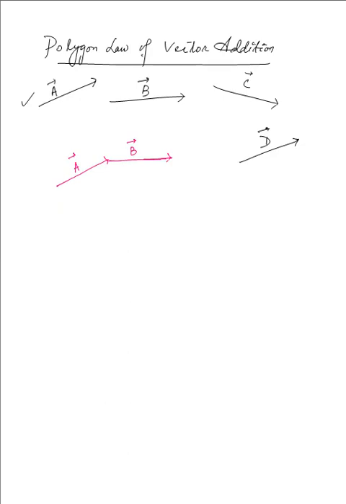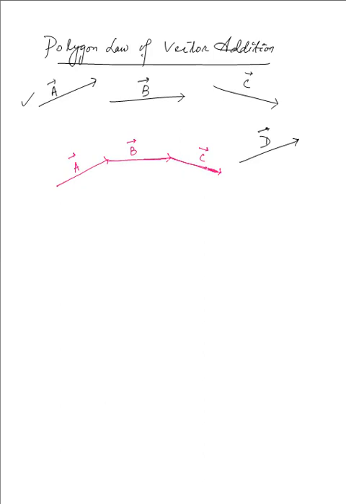So the C vector, both in magnitude and direction, is again almost that, as far as the rough diagram is concerned. And then finally the D vector, which is directed in some other direction.